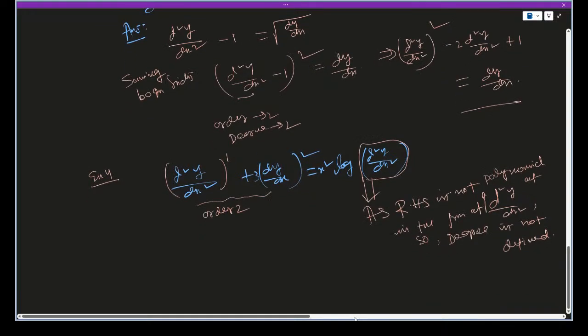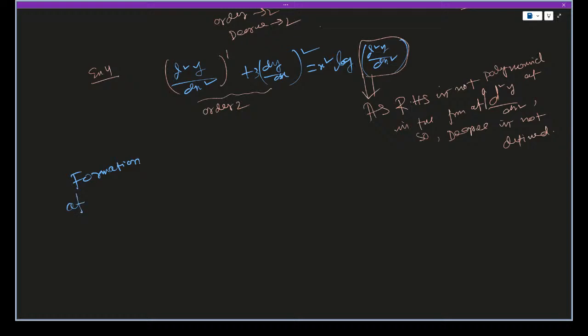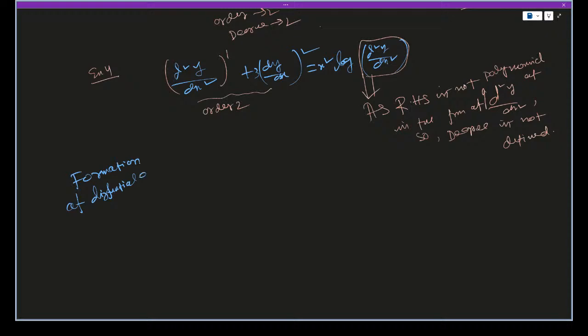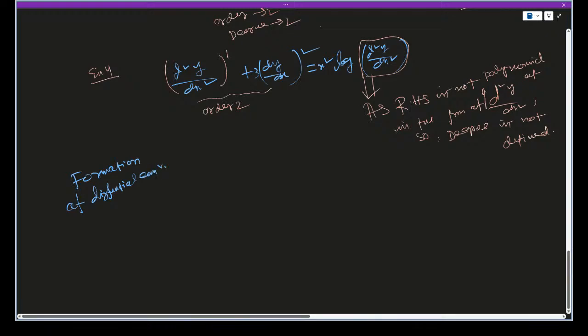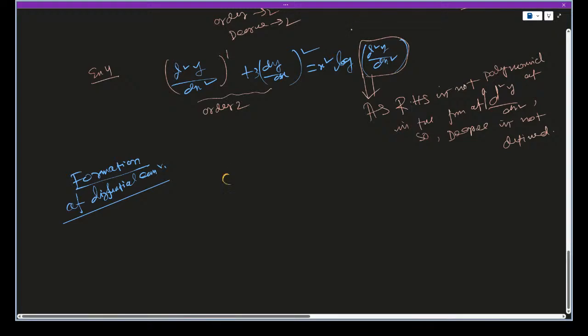Okay? So order and degree idea we have revised. Now we are going to discuss formation of differential equation. Formation means we have to form a differential equation from a Cartesian equation.